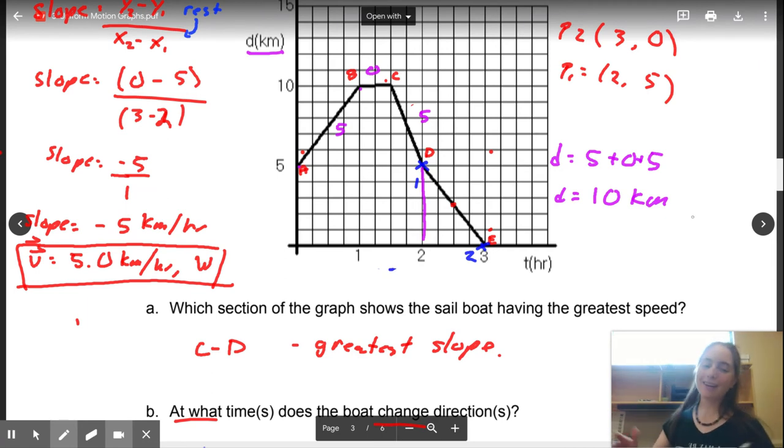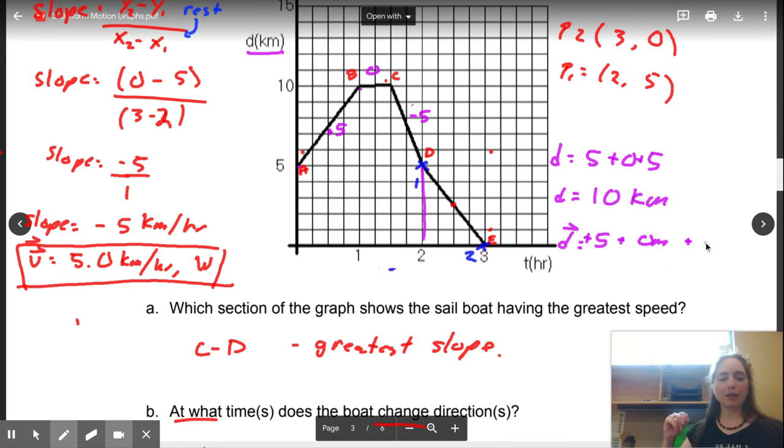Now, notice we weren't calculating anything directly off the graph. We had to read the graph. That's graph reading, not graph calculating. The question also asked you to calculate the displacement. Well, this one here, we went 5 kilometers going east, and then we went backwards 5 kilometers after going 0. So we have positive 5 kilometers plus 0 kilometers from when we're at rest, plus our negative 5 kilometers from going backwards.